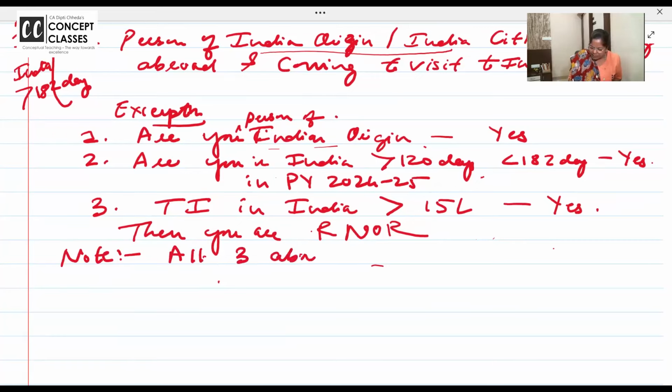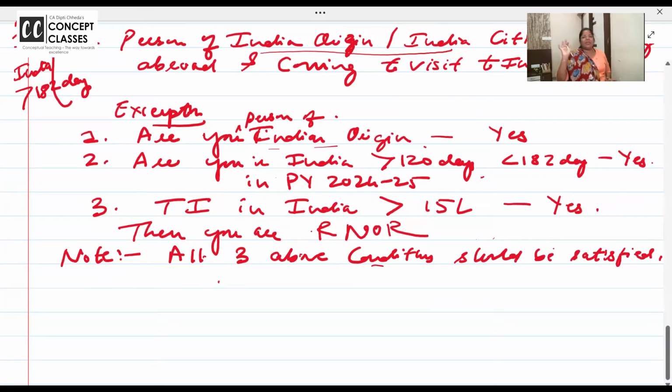All three above conditions should be satisfied. I want all the yes. मुझे कुछ भी no नहीं चाहिए. मेरे को सब yes चाहिए. इतना मजा आएगा जब इसको अप्लाई करके पास्ट एग्जाम के क्वेश्चंस करेंगे कल. Tomorrow we'll do.